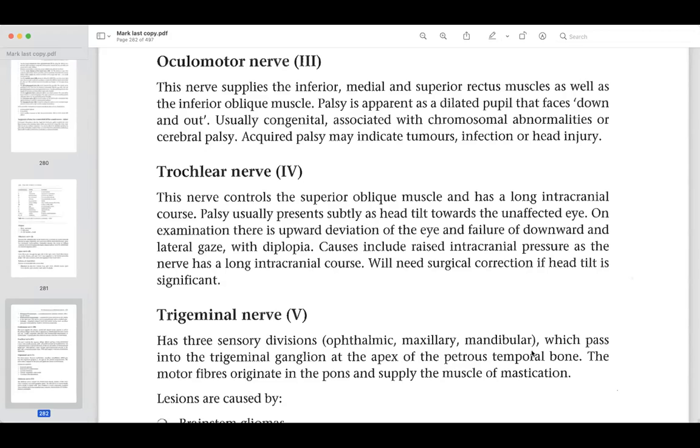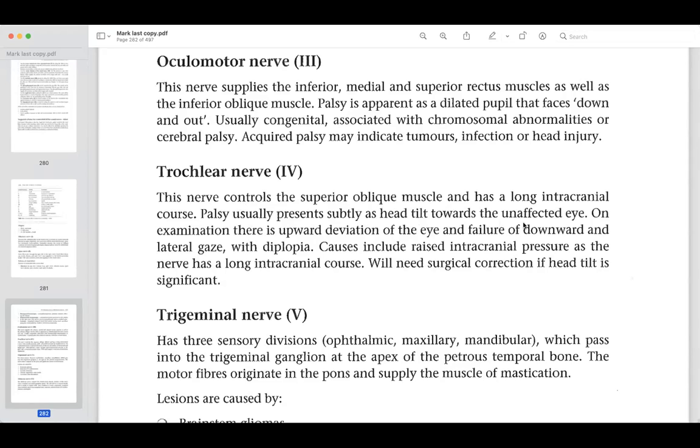Let's go for the trochlear nerve. This nerve controls the superior oblique muscle and has a long intracranial course. Okay. Palsy usually presents subtly as the head tilt towards the unaffected eye.